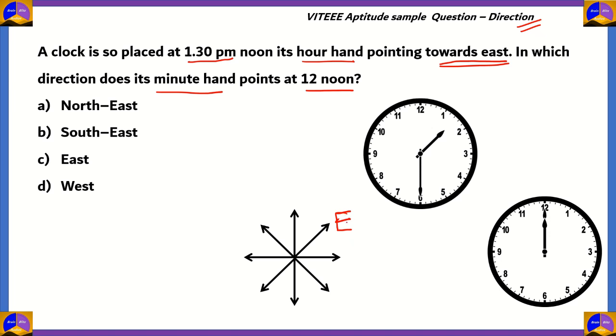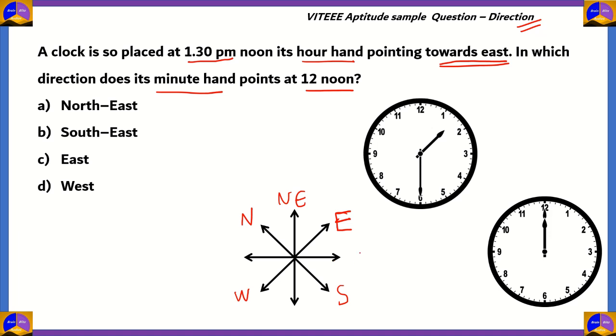And if this direction is east, the direction opposite to it, that is this one, will be west. If we know east and west, we can easily find out north, that's this direction, and south, which is that direction. The direction between north and east is what we call northeast.